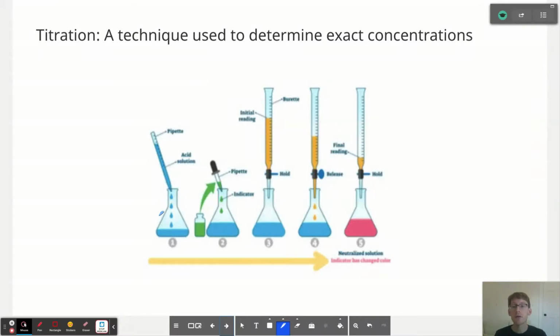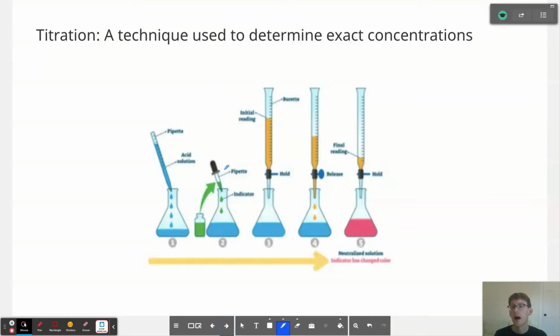But let's say you don't know the concentration of that acid. You do know exactly how much. Well, you add in a drop or two of an appropriately selected indicator, which we'll get to again soon.